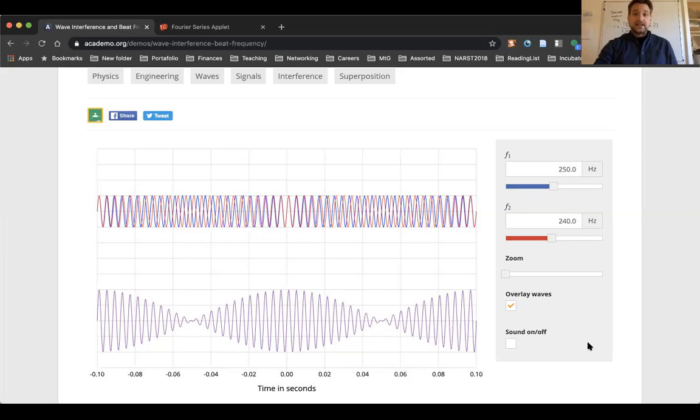If I turn the sound on, we'll be able to hear those beats, that it'll sound like a pulsing. If we change the difference between those frequencies, we can change the way that sounds to us.